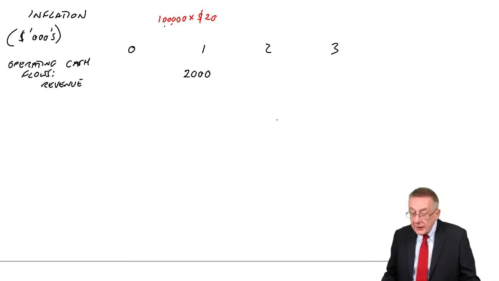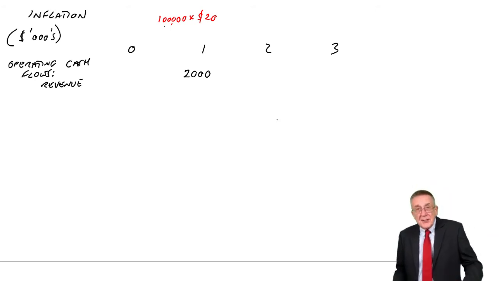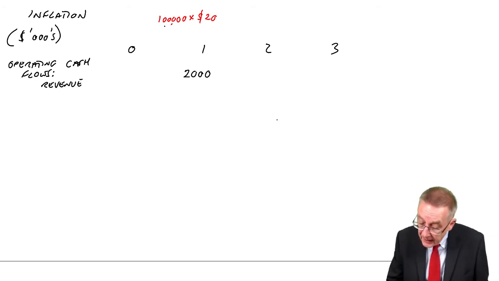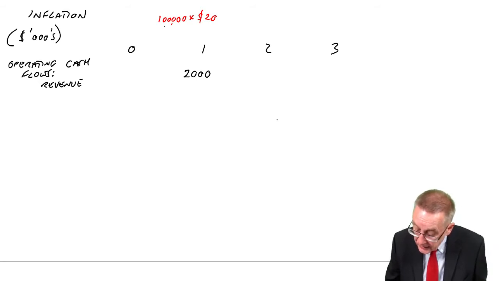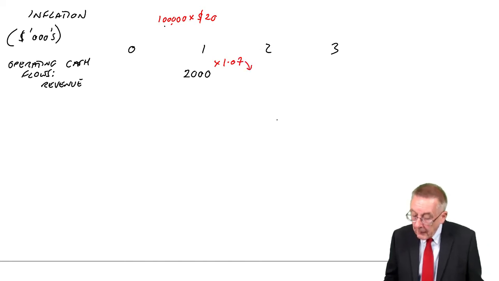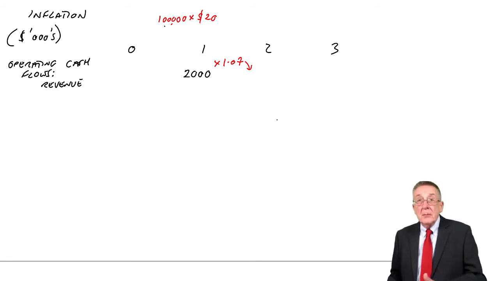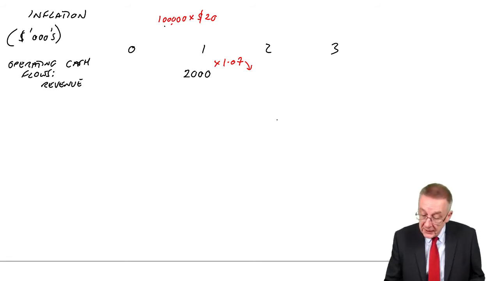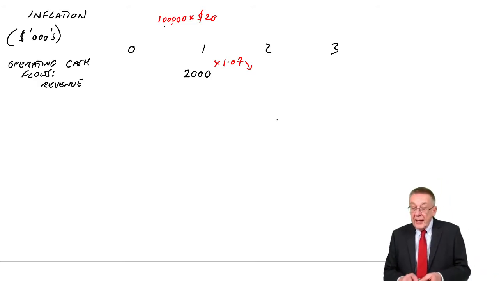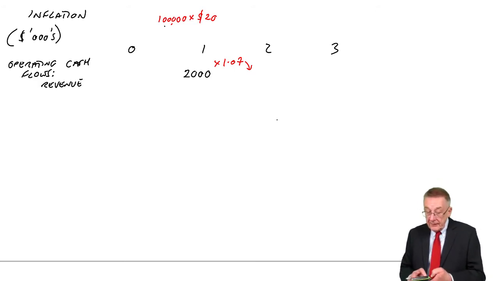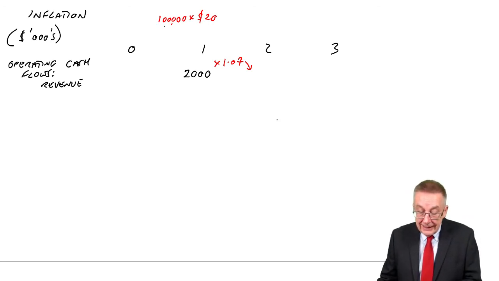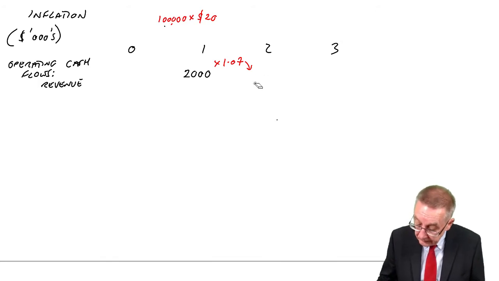And so, in the second year, it'll be 2,000 plus 7% of 2,000, or 2,000 times 1.07. If we multiply by 1.07, surely that's 2,000 plus 0.07, or 7% of 2,000. So the revenue we expect, the cash we expect in the second year, 2,000 times 1.07 is 2,140.